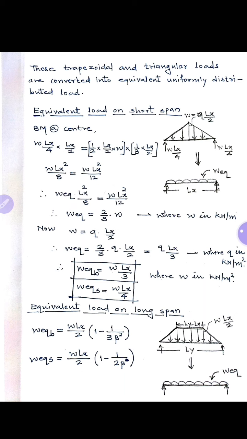Now the same concept applies. We have to equate bending moment at center for trapezoidal load to the bending moment at center for the uniformly distributed load, and thus we will get equivalent load for bending and equivalent load for shear. One term here is beta. This beta is the aspect ratio, which is Ly by Lx.